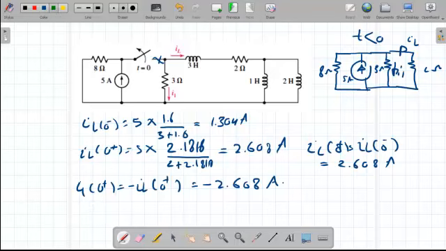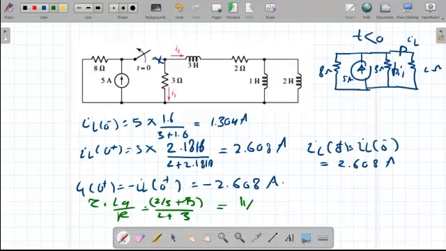Okay, now we find tau. Tau is equal to L equivalent over R. L equivalent is just 3 henry plus 1 henry in parallel with the 2 henry. So it becomes 2 over 3 plus 3, over the resistor. What is our resistor here? 2 and 3.